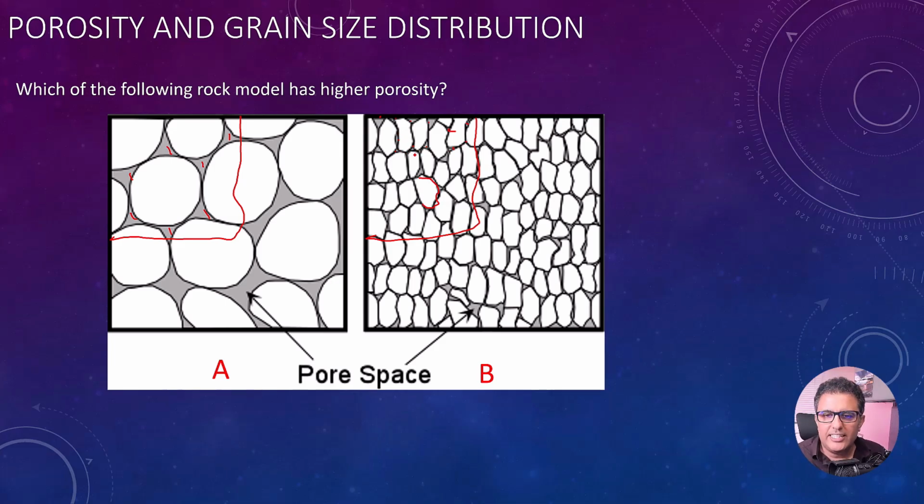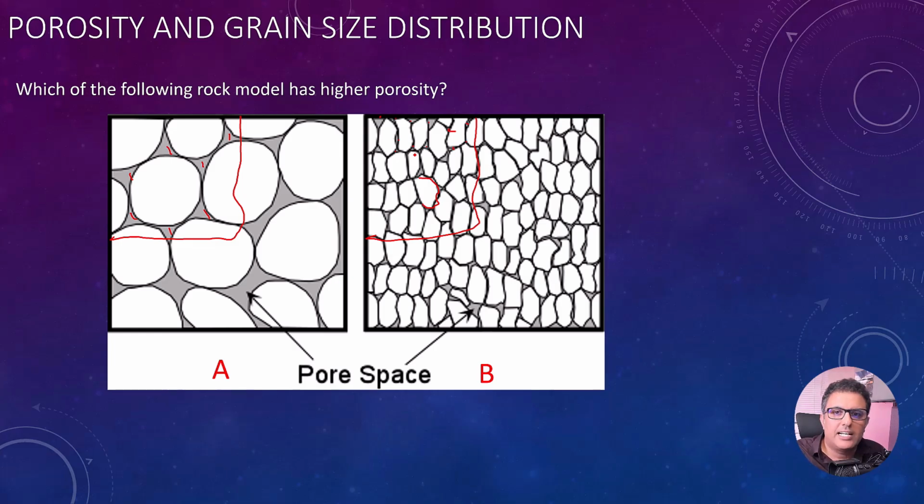So as you see here, although the pores in rock model B are much smaller, we have a much higher number of pores in rock model B. And as a result, I can make the conclusion that both rock models should have the same porosity.